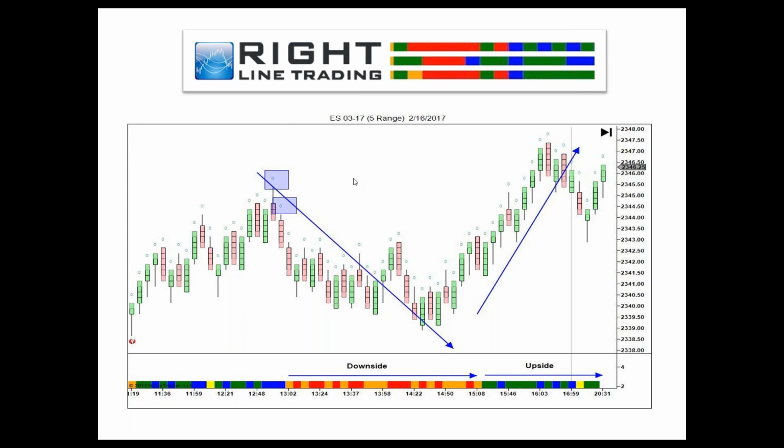So what the order flow line does is it looks at the delta of the candle of each of the two higher time frames, and it places those numbers into a proprietary moving average. It's just a simple moving average, but it took us a long time to determine what the best moving average was.